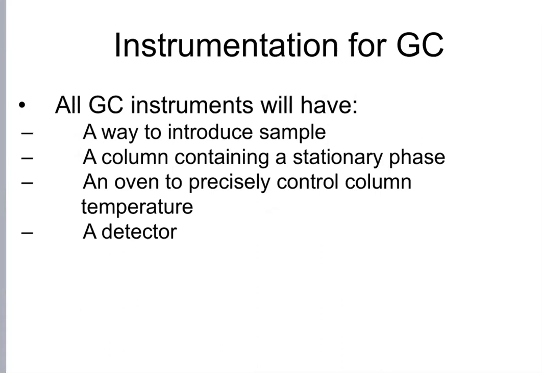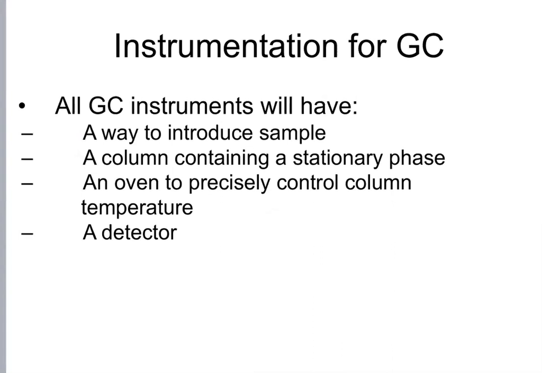Okay, so let's move on. Let's talk about more instrumentation here for GC. And I want to break down each of these individual parts in a little bit more detail. All GC instruments, regardless of the make, manufacturer, model, are going to have a way to introduce a sample. That's going to be called the injection port.